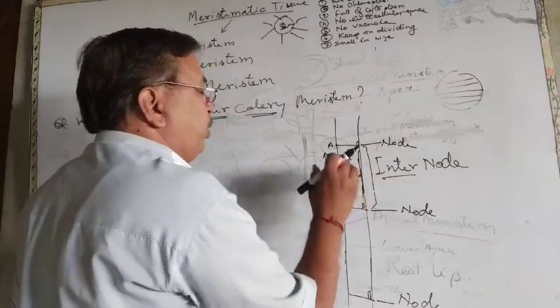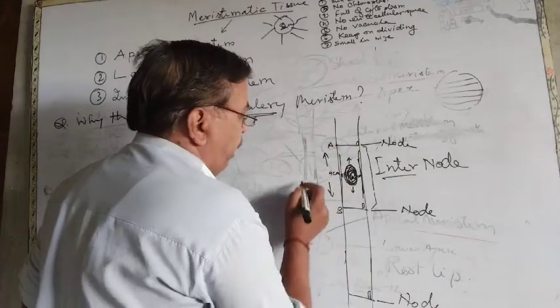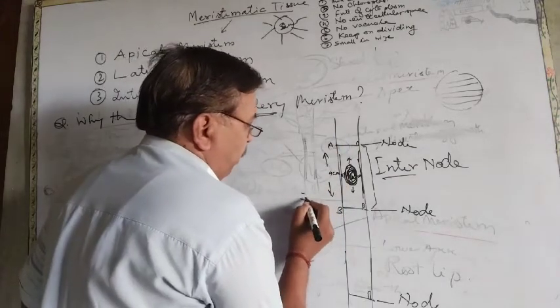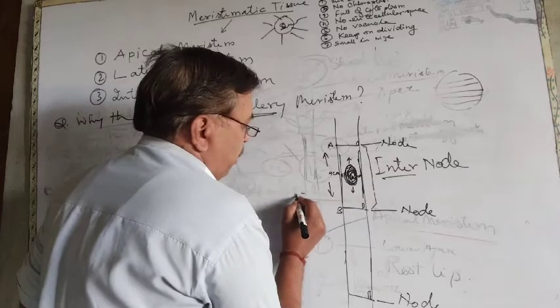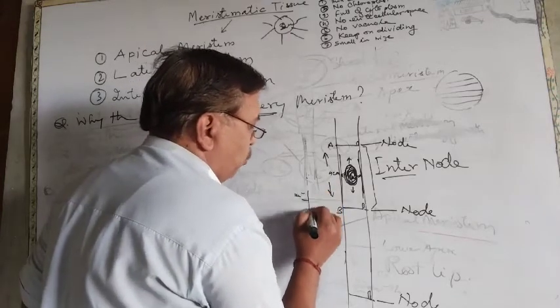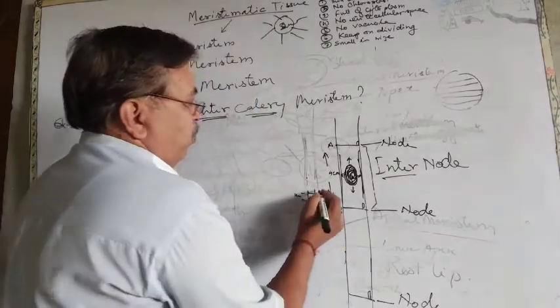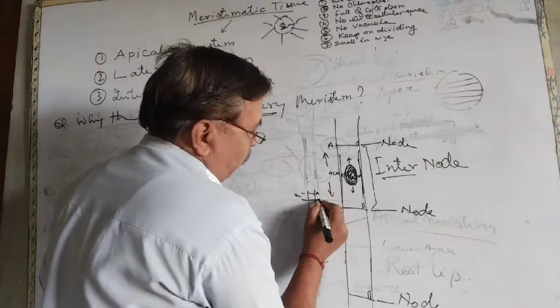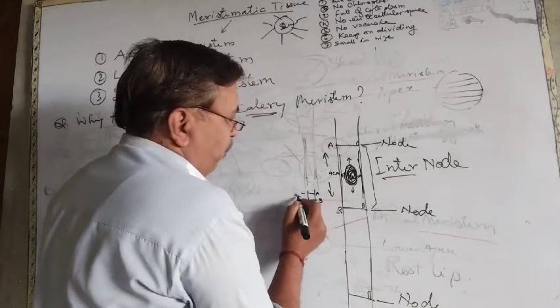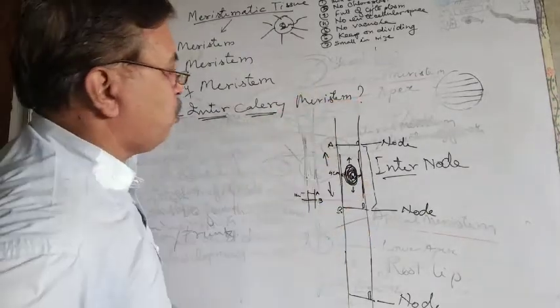In the beginning when this plant was small, you may have seen the gap between A and B would have been just 1 centimeter. You may have seen the plant of this size and nodes would have been so nearby. So this is node A, this is node B, and the gap between them is only 1 centimeter. How has this gap increased to 4 centimeter?